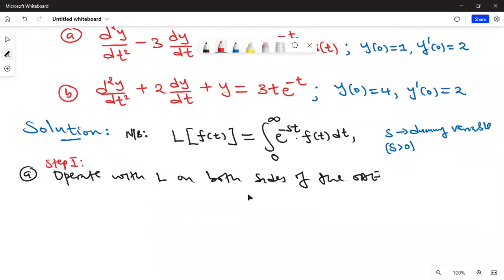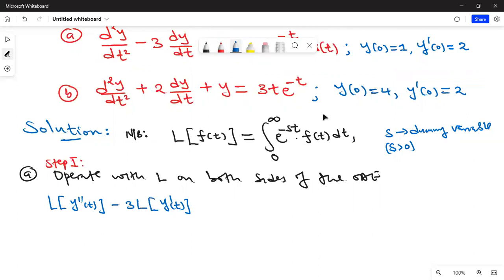So we are going to write this, that the Laplace transform of y double prime, a function of t, minus 3 times the Laplace transform of y prime as a function of t.